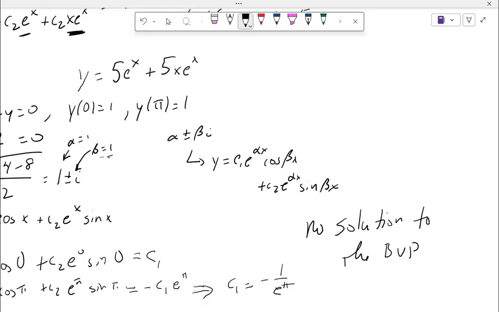Given a nice setup, initial value problems have what in terms of solutions? How many? 1. Exactly 1, right? It's a unique solution for an initial value problem, given a nice equation to start with. And usually, if the equation's nice enough, then it'll be unique on some interval around your initial condition.